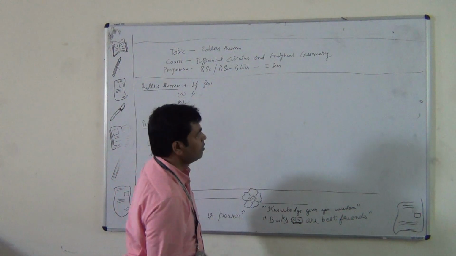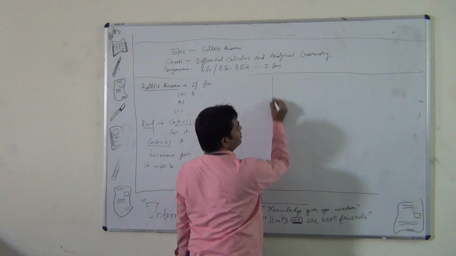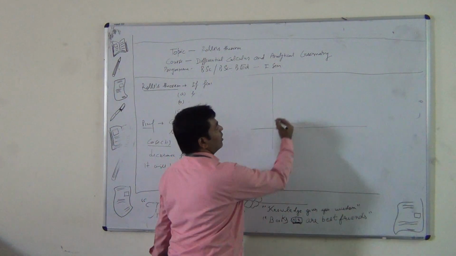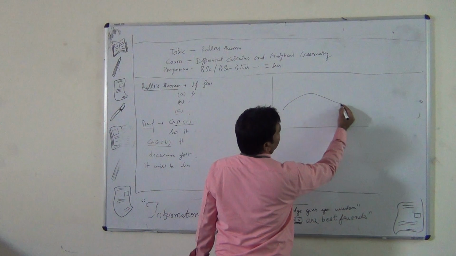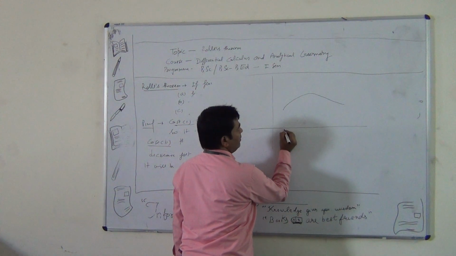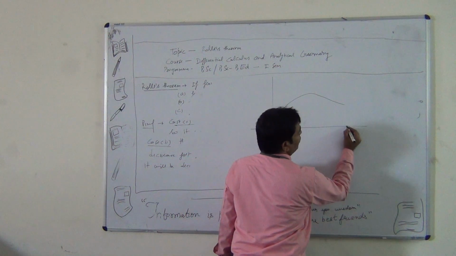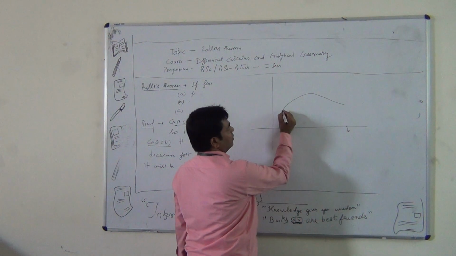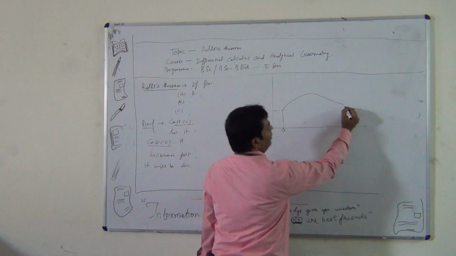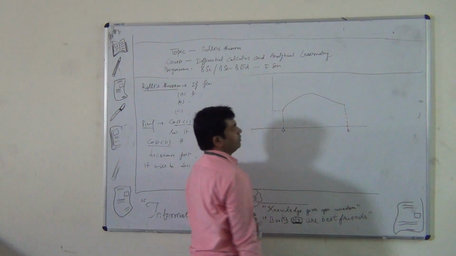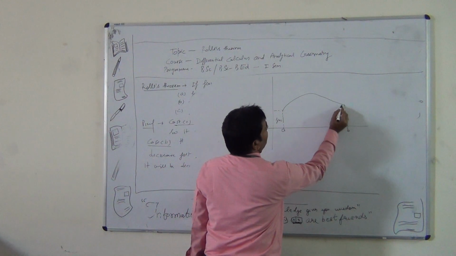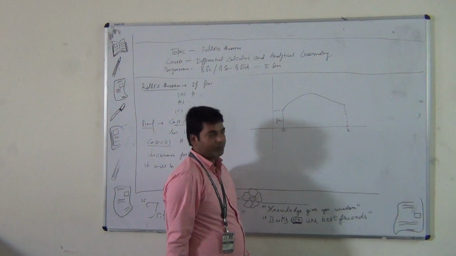If we consider the function increases first, then we make a graph with an increasing function like this. Now this is point A and this is point B. This is A, f(A), and this is f(B).